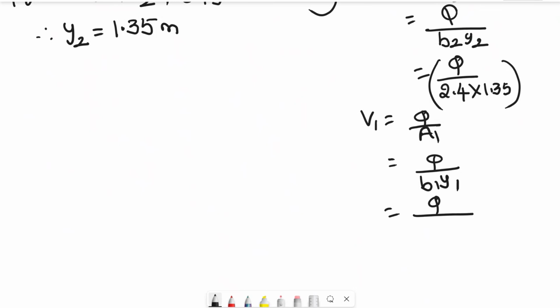B1 is given as 3.6, and the depth of flow is 1.8.